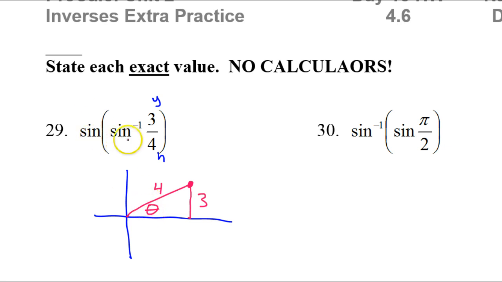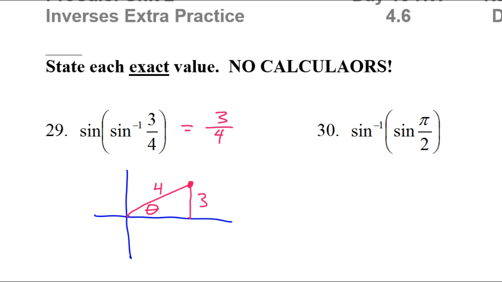Well, of course, because of the way we set it up, the sine of this angle, theta, that I've just drawn, is 3/4. So the answer would be 3/4. Then you look back and see, did I need a triangle? No, I did not need a triangle. The sine and the inverse sine are just undoing each other. So, of course, the answer is 3/4.